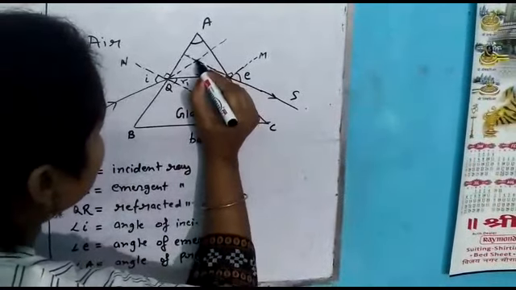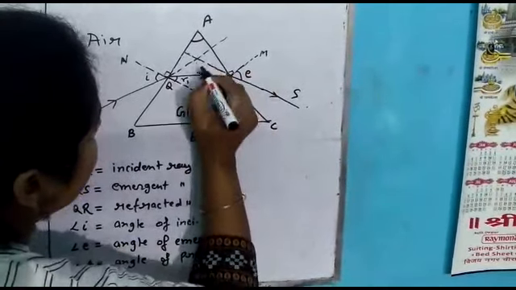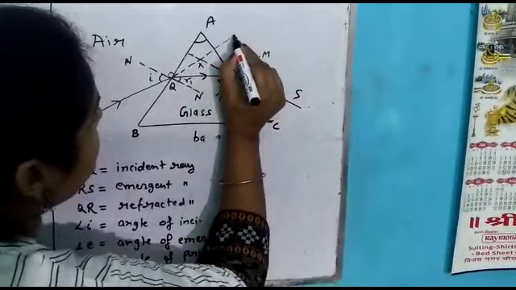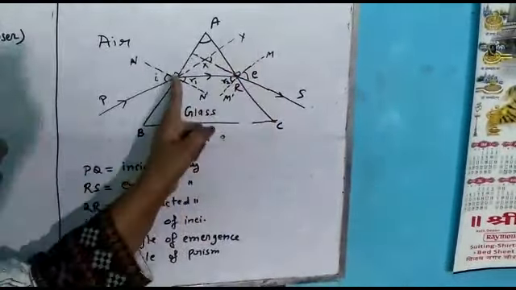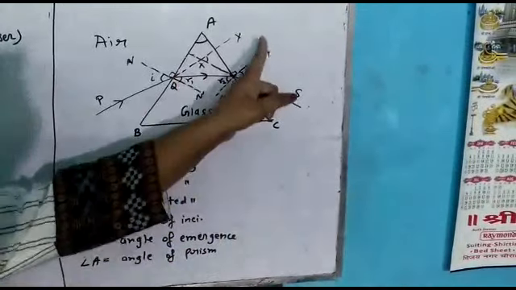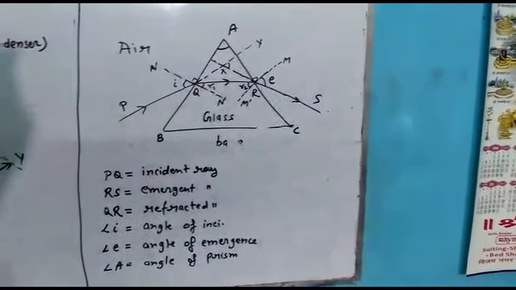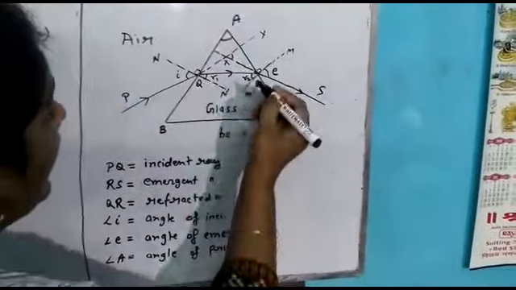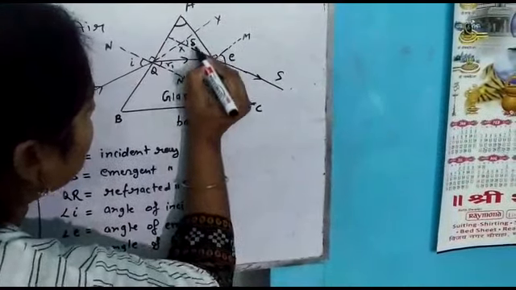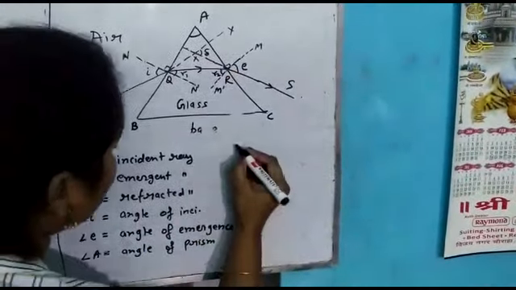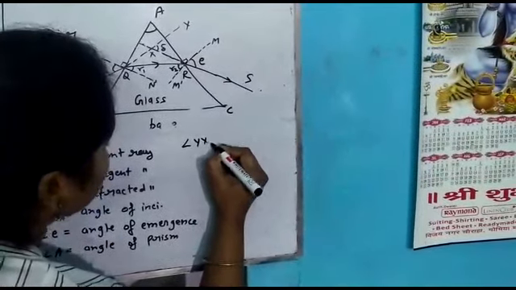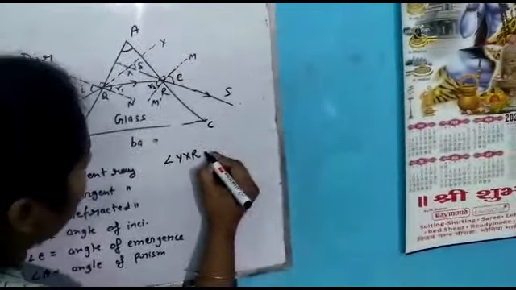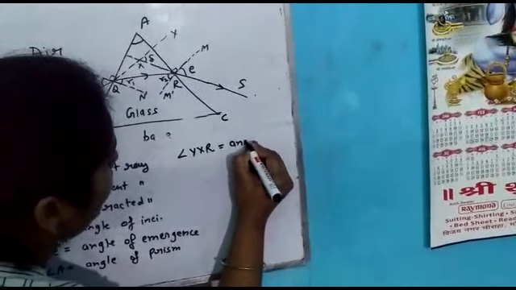Let's consider this is X and this is Y. This angle Y, X, R is known as the angle of deviation, and it is represented by the Greek letter delta.